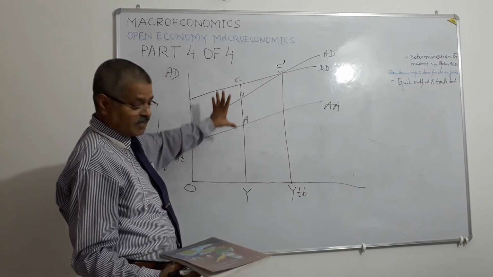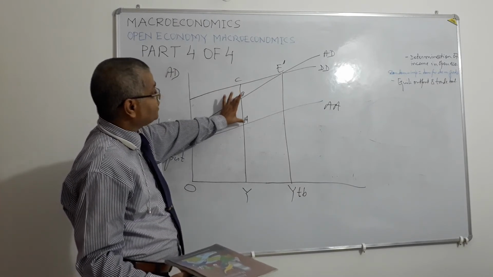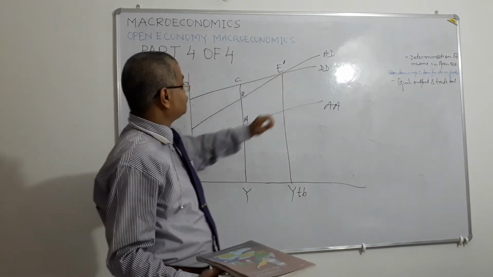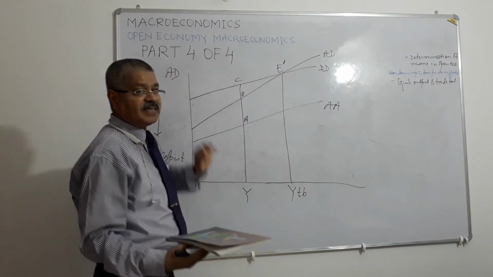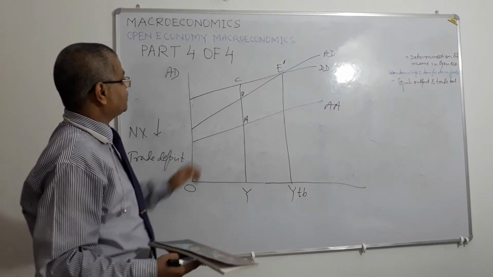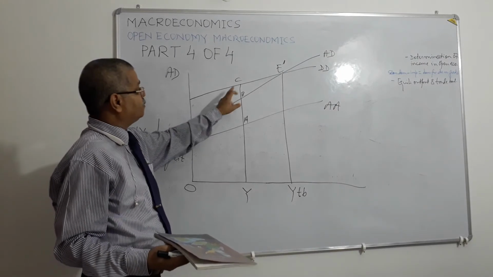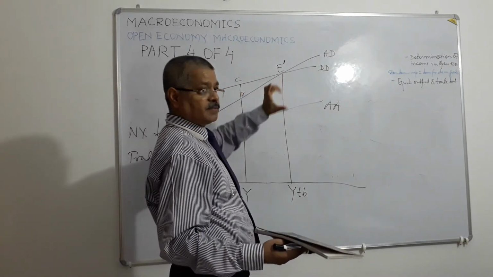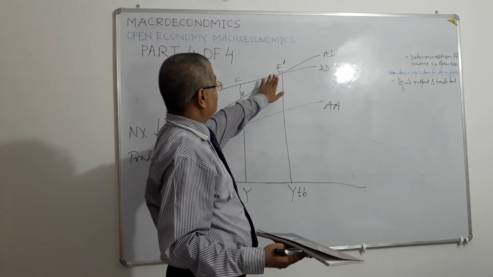So AC is exports, AB is imports, because we have discussed aggregate demand includes imports. So CB is the trade surplus. Exports are more than imports, but they become zero. Trade balance, exports and imports are equal.